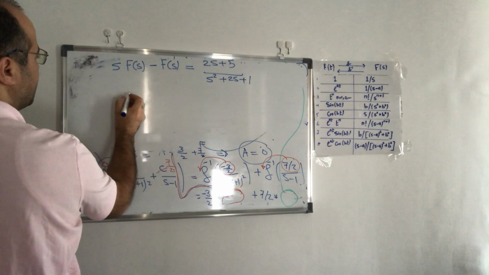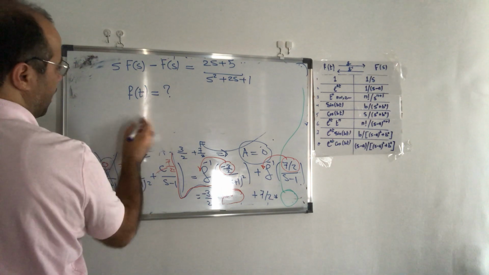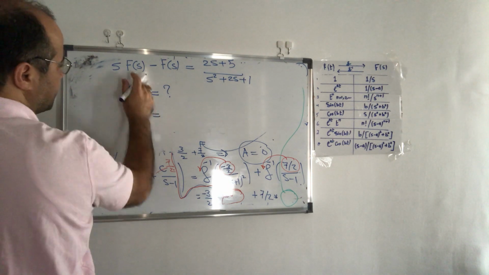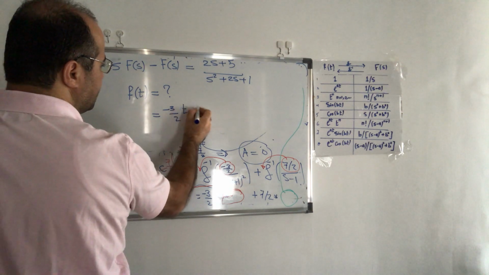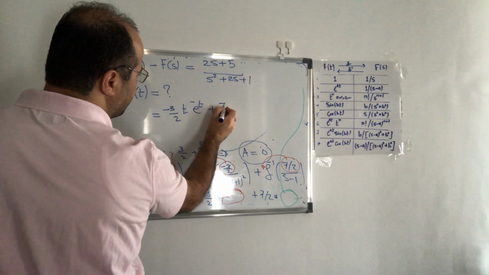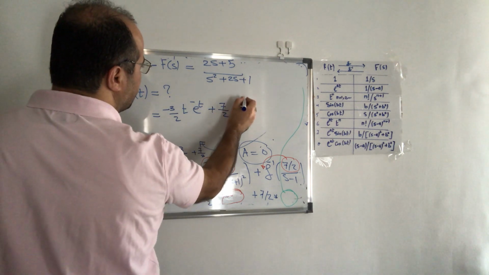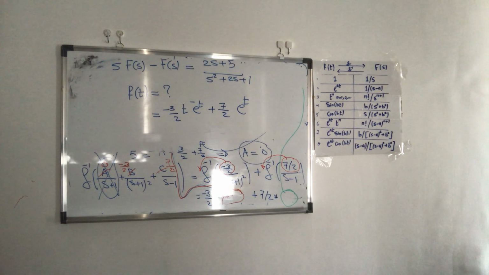Now it is asking me what is f of t, right? Now I'm telling him f of t for this one should be minus 3 over 2 times t e to the minus t, I think, I'm not sure, and then plus 7 over 2 times e to the power t. Yeah. And then we are done.